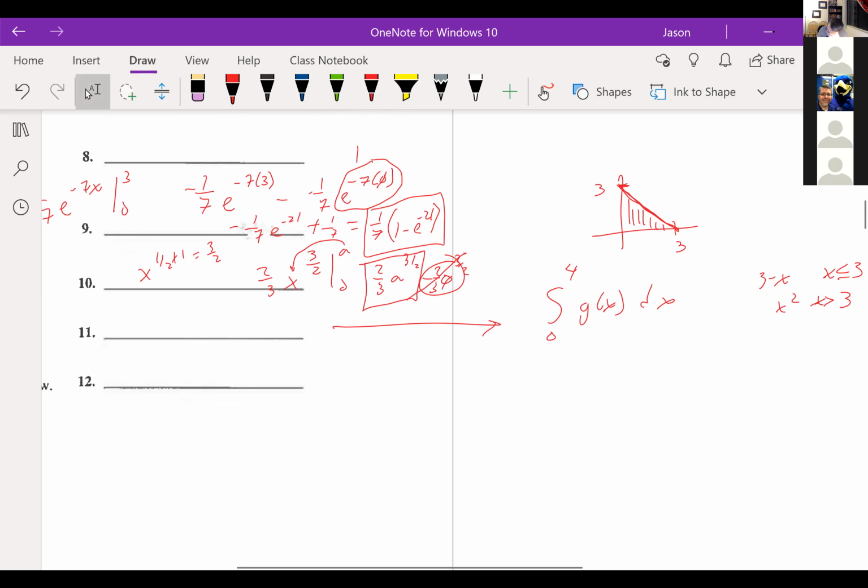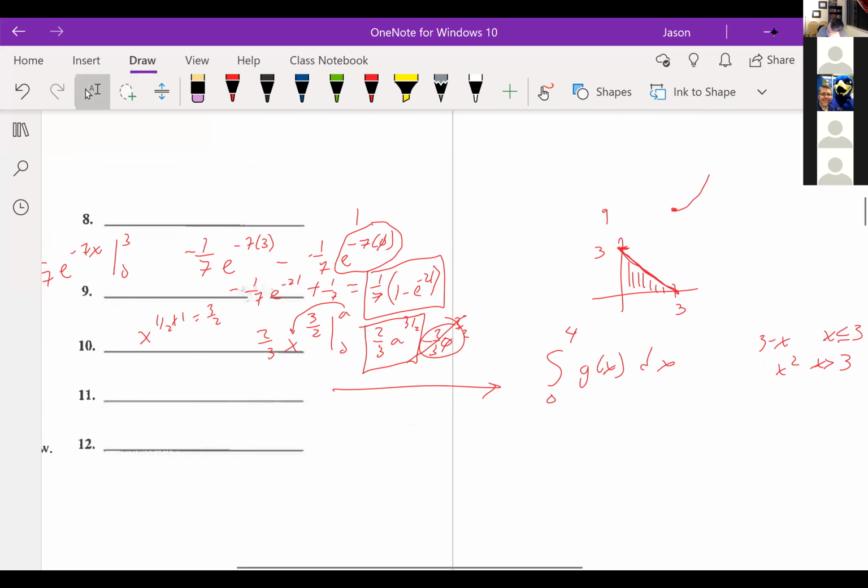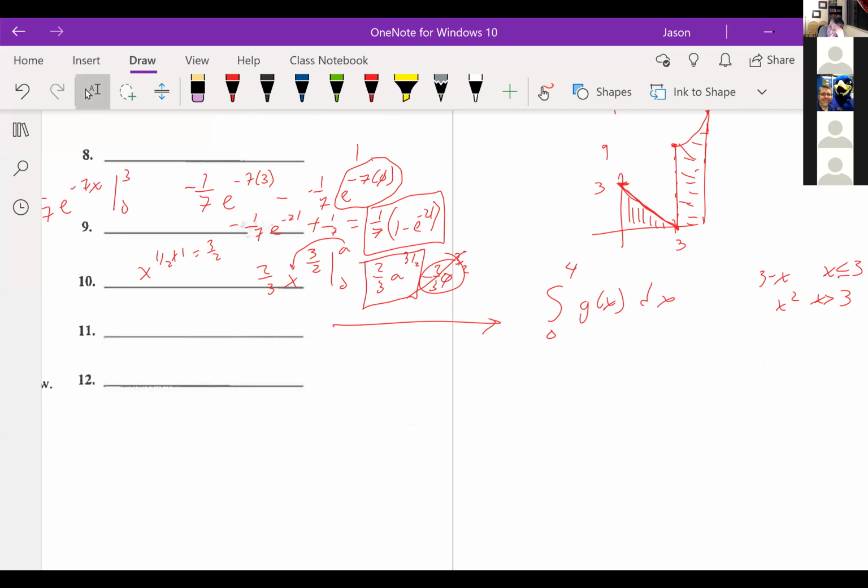And then from 3 to 4, we actually jump way up to 9, and then we jump way up to 16. And we're under this curve here. This is kind of what it looks like, so we do have to break it up.